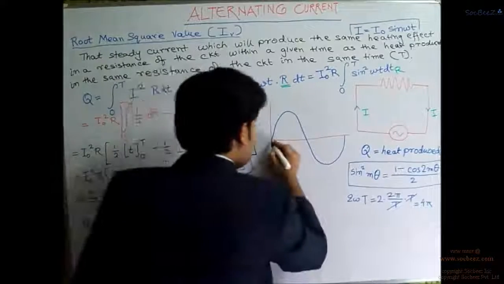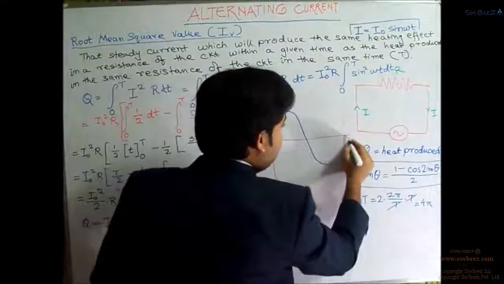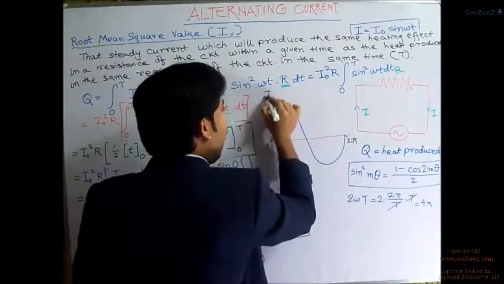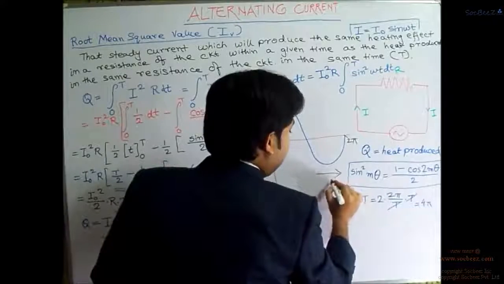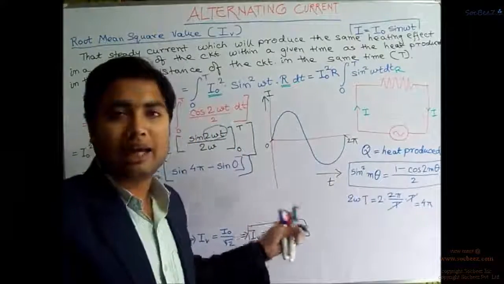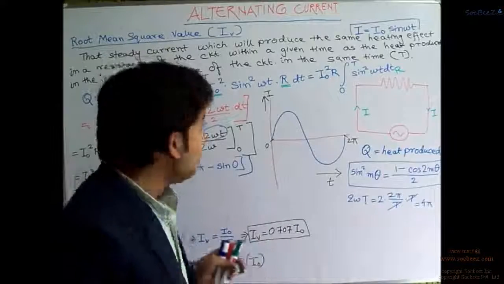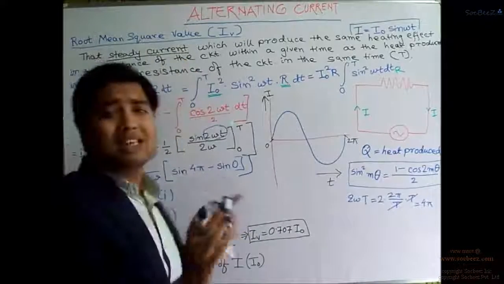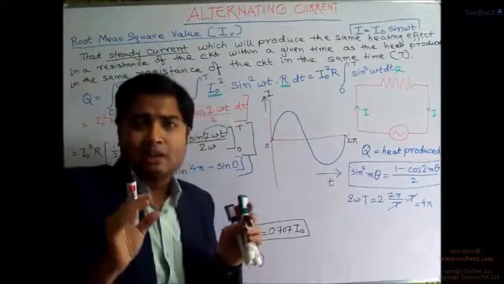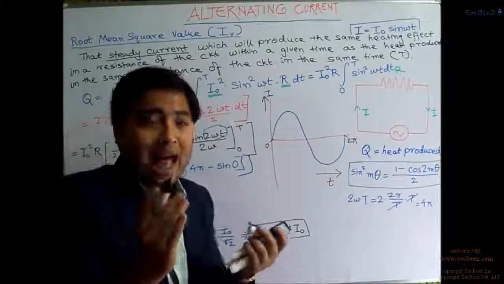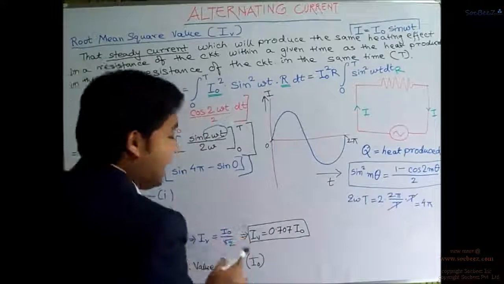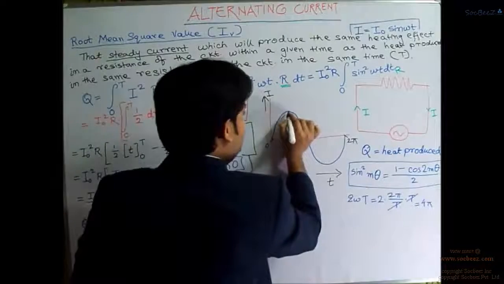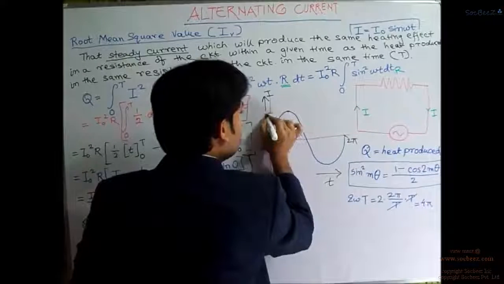This is 0, this will be 2 pi, and over here we will take I. The graph will be with respect to the time elapsed, right? So the steady current, the value of this steady current, which will produce the same heating effect for the same time as this alternating current, right? For the same time, this will be I naught, this value.